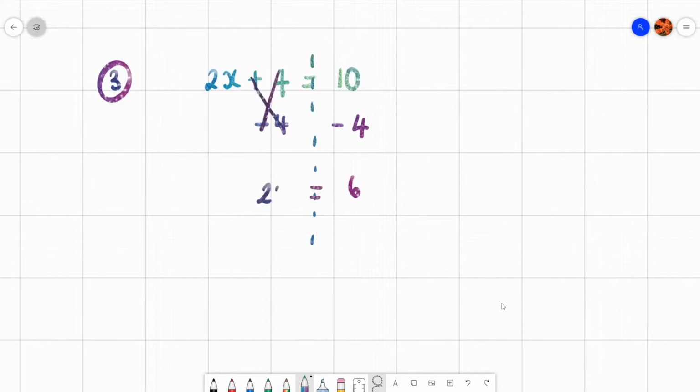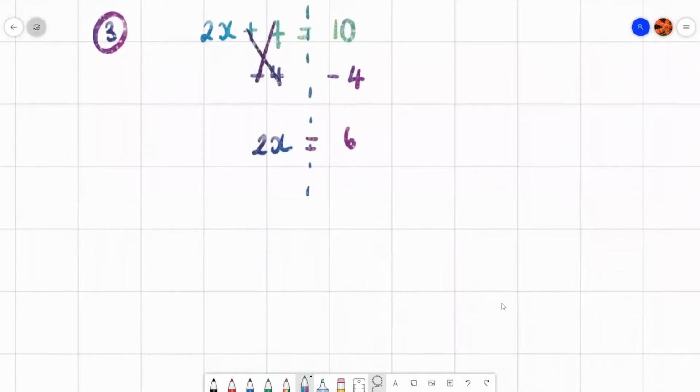So we're just left with 2x. This means 2 times something is 6. What is 2 times something that is 6? We can divide by 2 on both sides, or in our head, x equals 3.